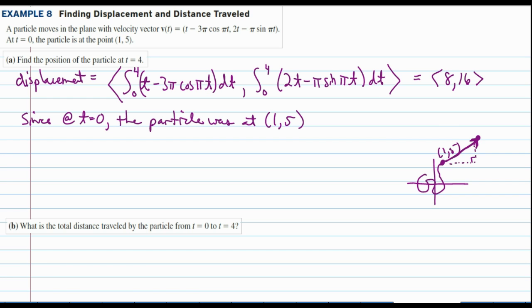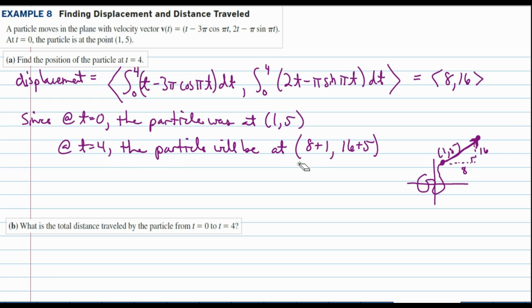Well, I know that this particle traveled a horizontal distance of 8 and a vertical distance of 16, so 8 and 16. So yeah, there might have been some weird curlicues in the path here, but basically what happened was it moved right 8 and up 16 from 1, 5. So that means at t equals 4, the particle will be at 8 plus 1, 16 plus 5, which is 9, 21. So that's the location of the point at t equals 4.